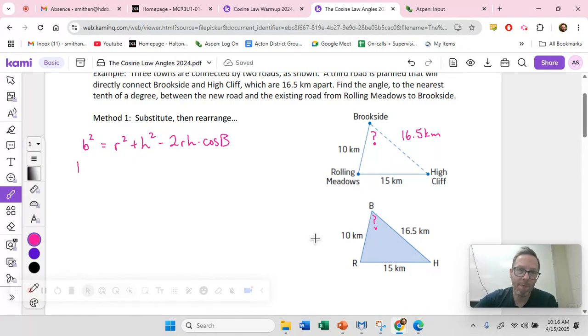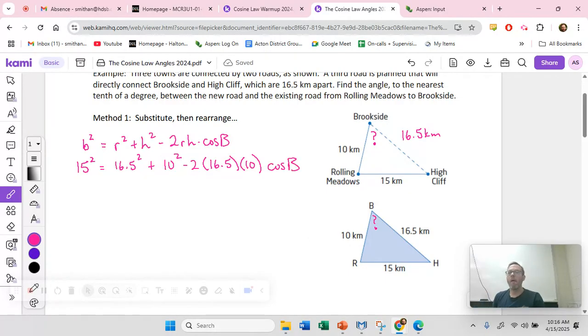Side B, 15 squared. Side R, 16.5 squared. Side H, 10 squared. Minus 2 times 16.5, and so on. We're just plugging in our values. This time, the only thing we don't know is cosine B. You've all learned about solving equations, so we can solve this equation for cosine B and then get the angle.